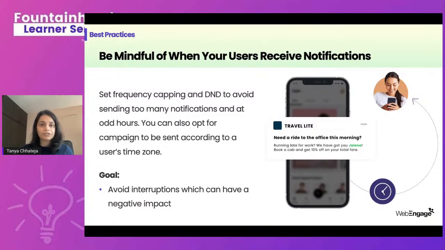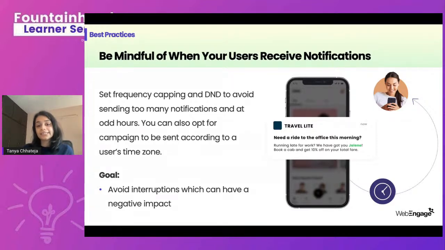So you definitely want to set up frequency capping, which is, let's say for your brand, if you've done some analysis and you've come to the point that no more than 3 notifications per user per day, so you set that limit and you make sure that you don't exceed this limit or over message your user and drive them to a negative action such as uninstall.